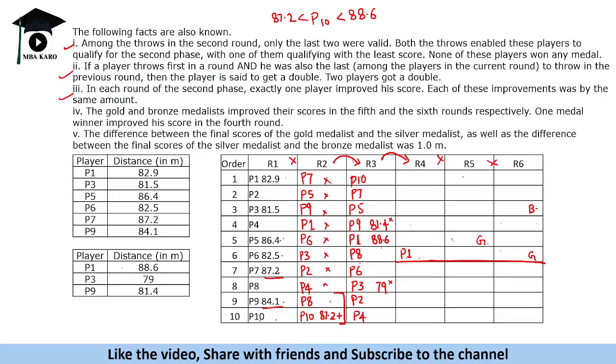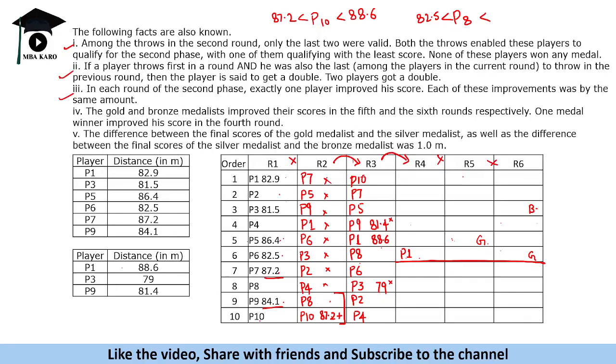and similarly, we can find the length of P8 also. P8 qualified, so P8 must have thrown more than P6. P6 is 82.5. So P8 threw more than 82.5, okay, and less than, because P8 is less than P1 till here.